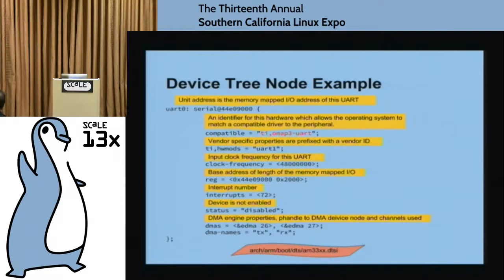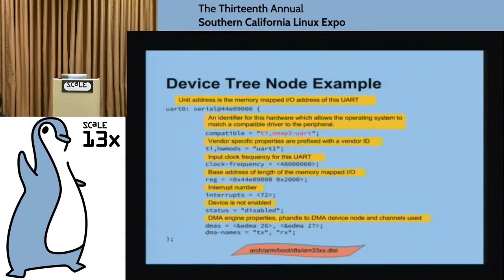All right, and we'll talk about where these things are documented. And then there's vendor-specific properties. This is specific to the TI OMAP IP blocks, they have to have this hardware mod, so that's kind of specific, but it's defined in the binding.